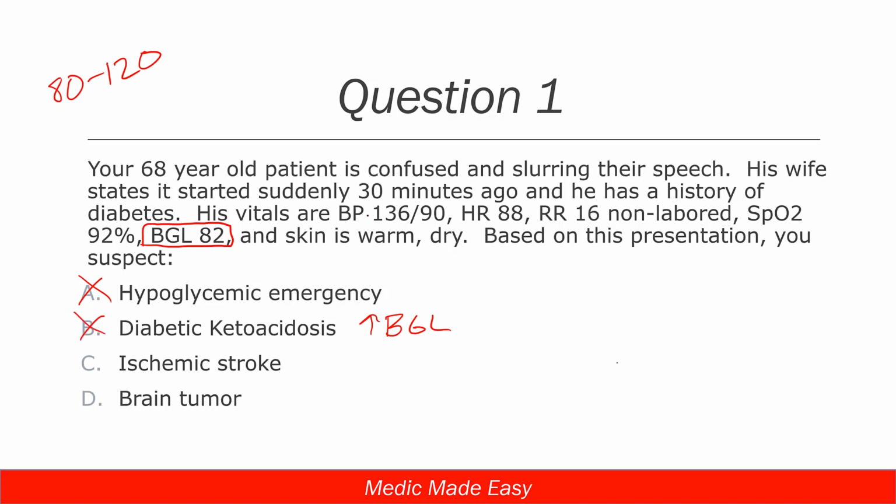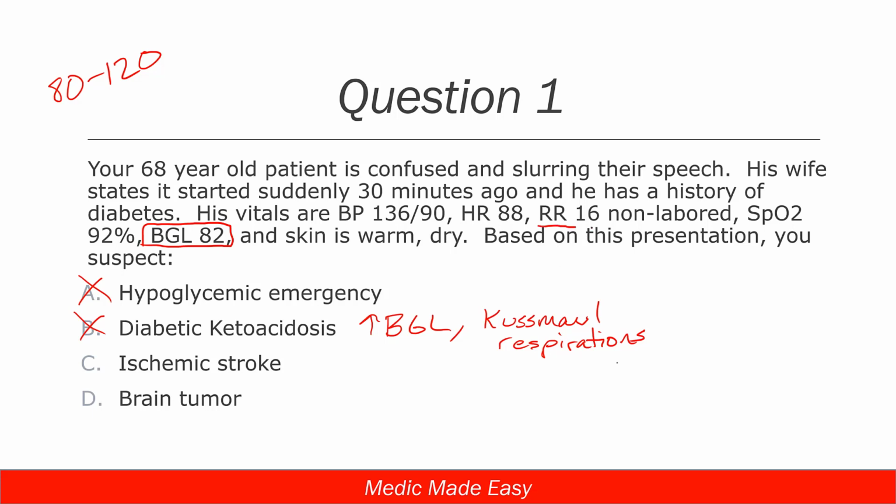Another one you can think about: well, diabetic ketoacidosis, they do usually have warm and dry skin because they're dehydrated as well. But maybe you know your endocrine stuff well and say diabetic ketoacidosis presents with Kussmaul respirations. Kussmaul respirations are very deep, very rapid breathing.